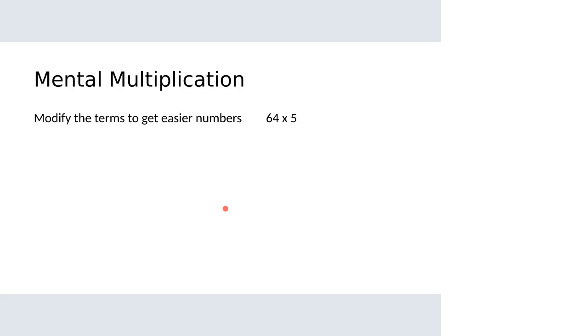I think multiples of 10, multiples of 100, that would be really nice. 64 times 5, I can't really do that in my head, but I could double this number and make it 10. And it doesn't change the problem if I cut this one in half and make it 32.